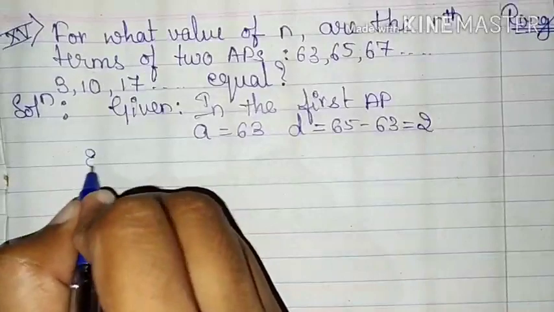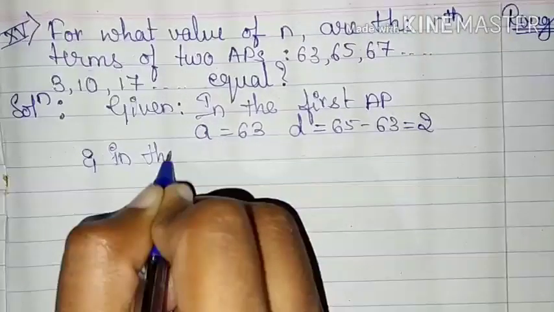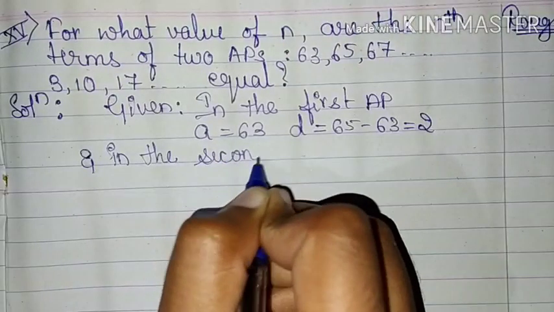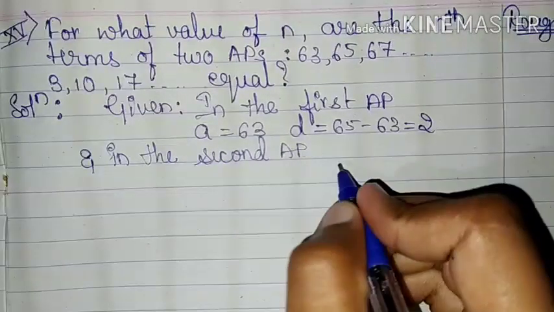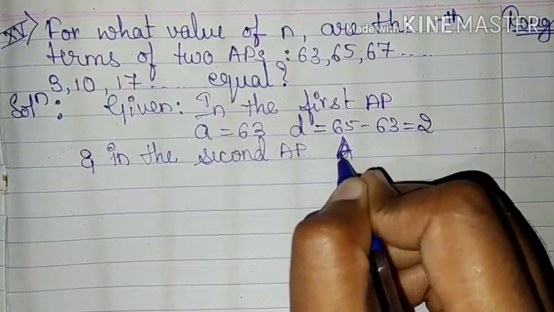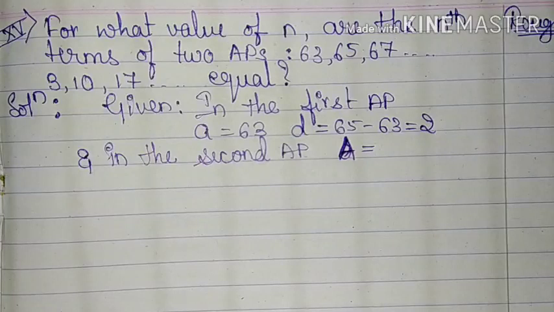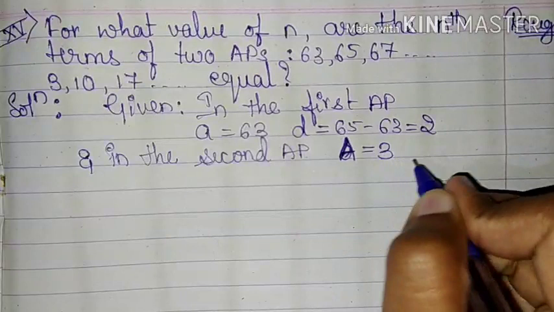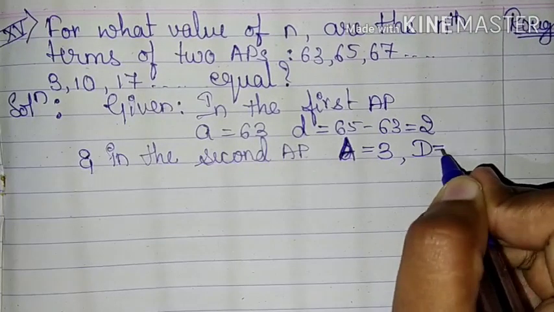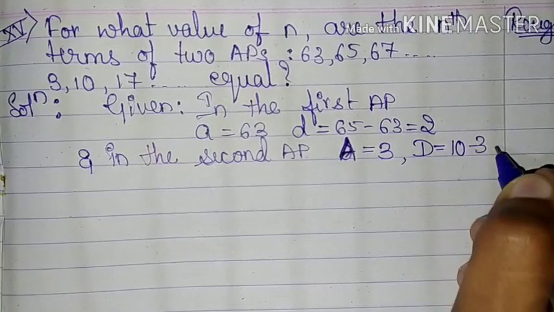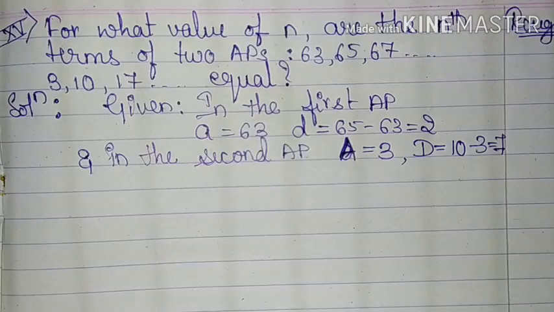And in the second AP, let us write it as capital A, just to denote the distinction between both the APs, A is equal to 3 and capital D, the common difference, is 10 minus 3, which is equal to 7. So now for which value of n will small an be equal to capital AN?